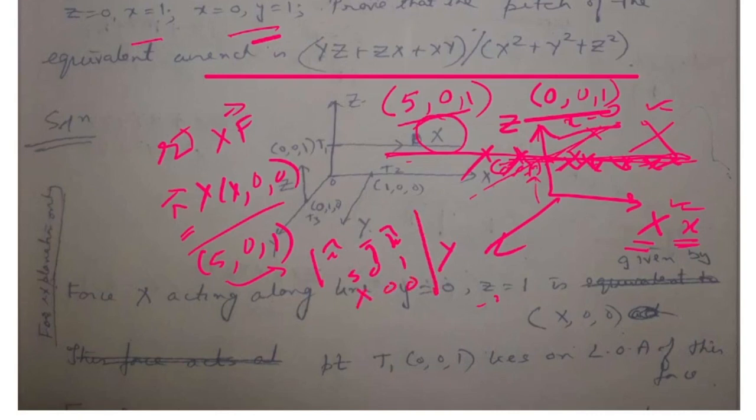You can do it, no problem, but it is a bit more complicated. Ultimately everything will balance each other and you will get the same result. You may try it as a homework problem with any point other than 0, 0, 1, 0, 1, 0 or 1, 0, 0. So these are the points we are taking for these three forces.